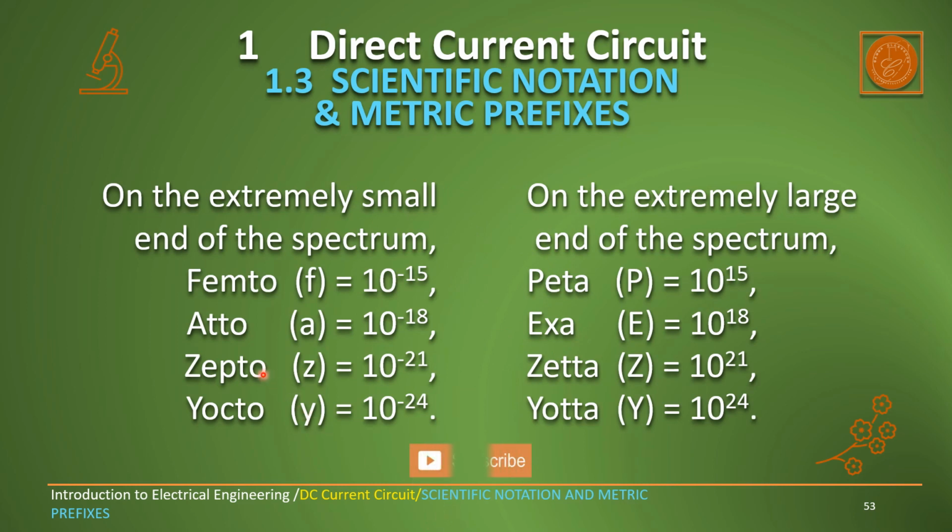We can put the two tables together. On the left side is the extremely small end of the spectrum. On the right side is the extremely large end of the spectrum. You see, this one is 10 power minus 15, and this one is 10 power 15. That means the same distance from this point to the midpoint, with this point to the midpoint.